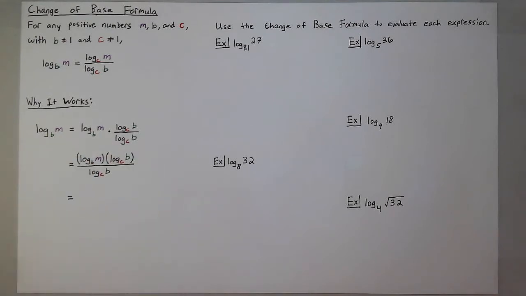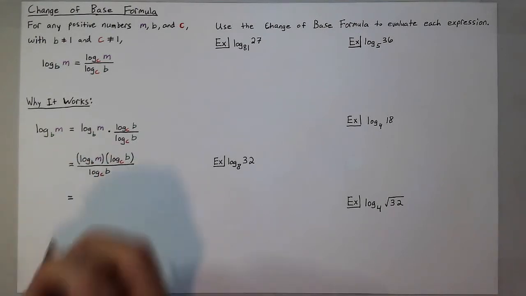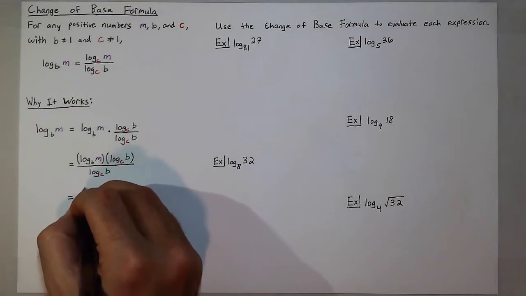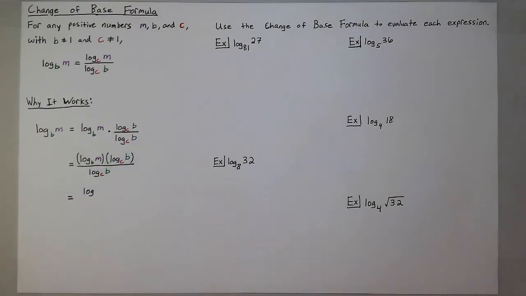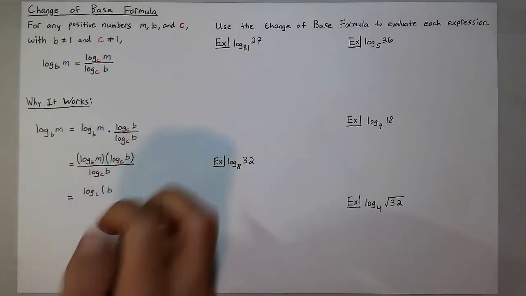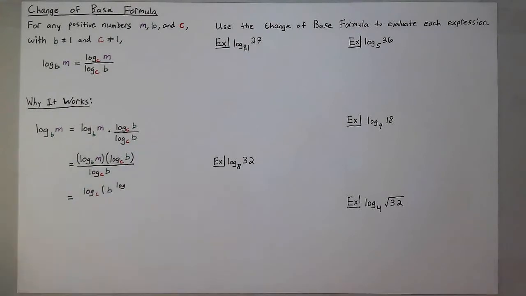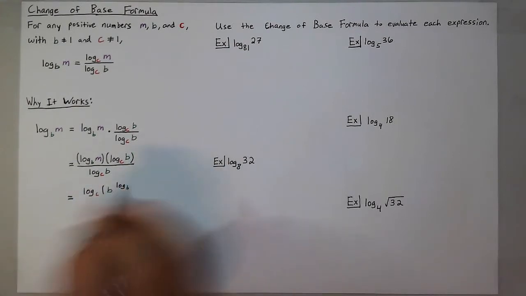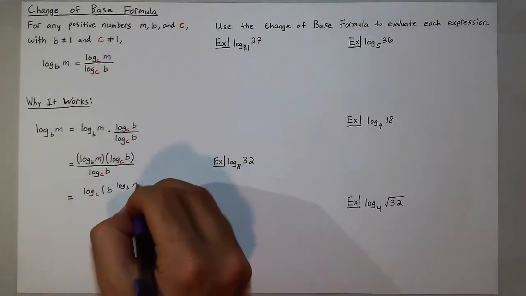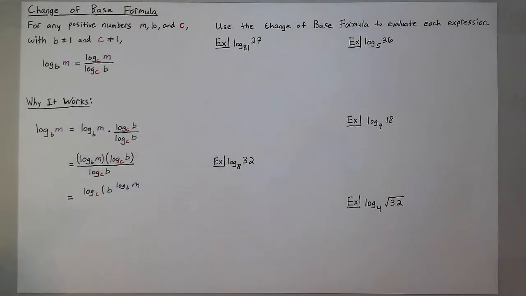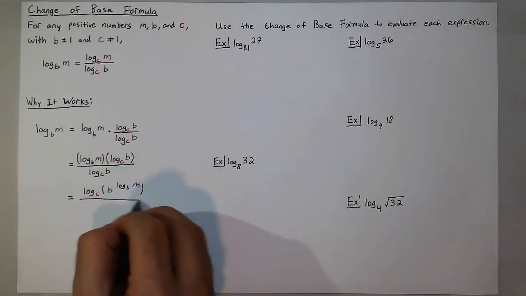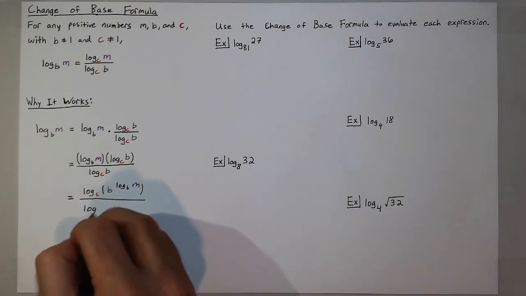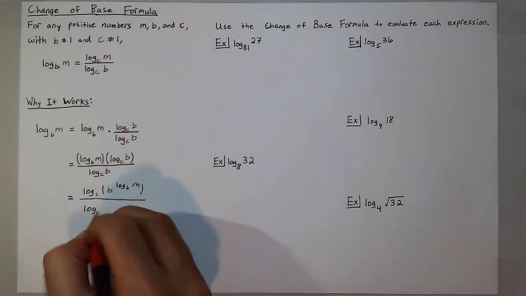We went over a logarithmic rule in the last two lessons that would equal log base c of b to the power of log base b of m, all over log base c of b.